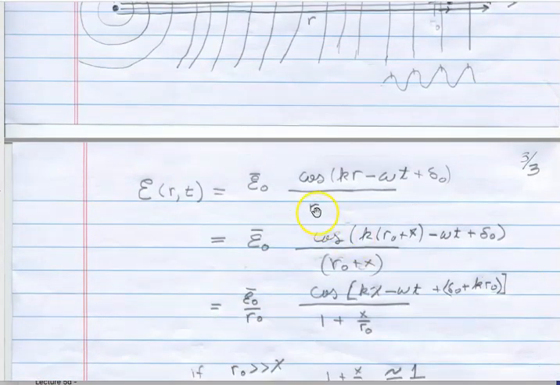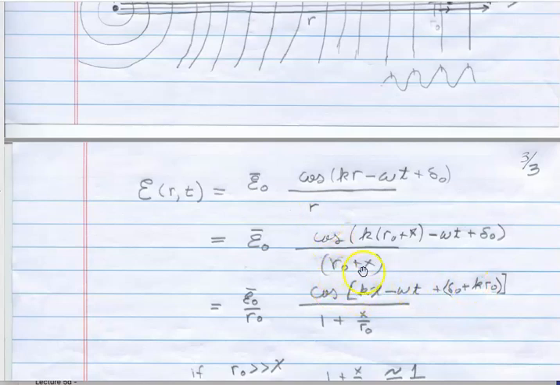So now I replace the r by r naught plus x, and then collect terms a little differently. K times r naught I put over here, minus k times x, minus omega t, and then I group these. These are all constants. K is a constant, r naught's a constant, and that fixed translation to the new coordinate system.